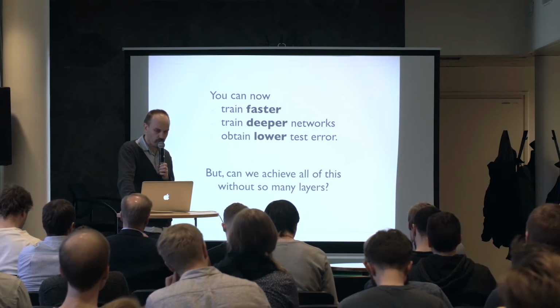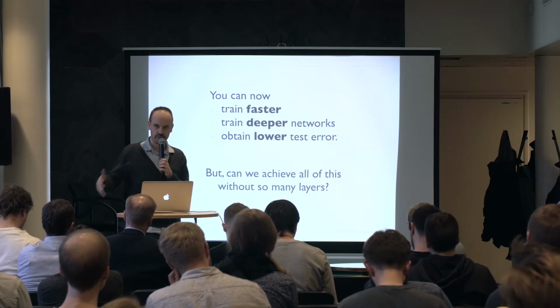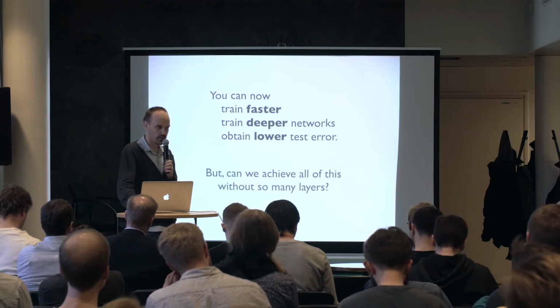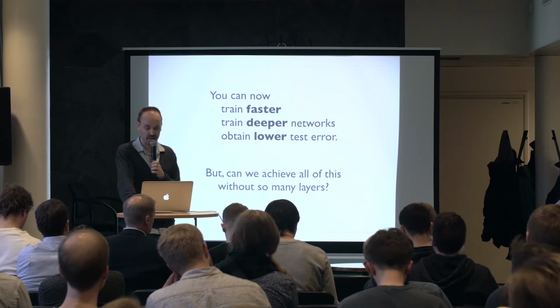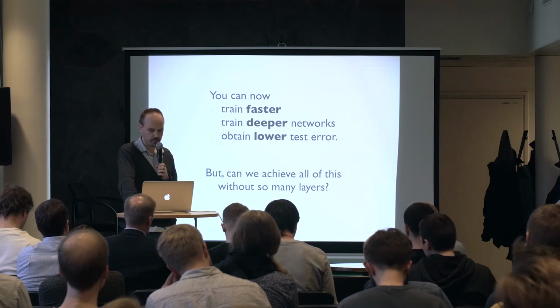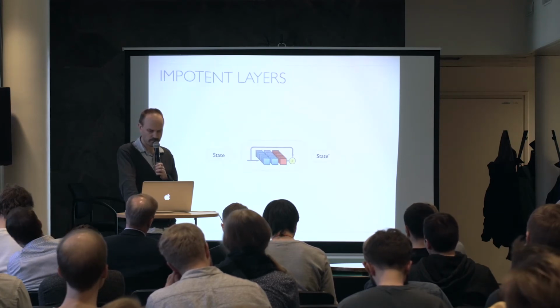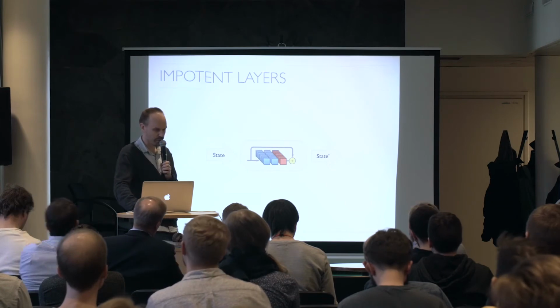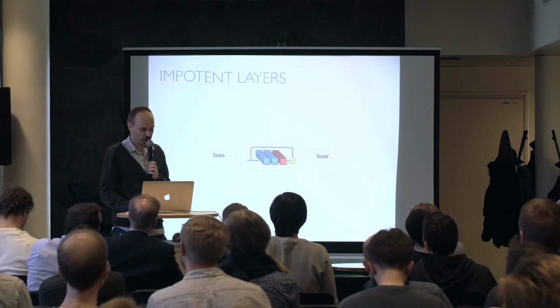So do we really need to have so many layers? 1,000 layers, can we do with less using the same ideas? I don't really remember what this slide is about.